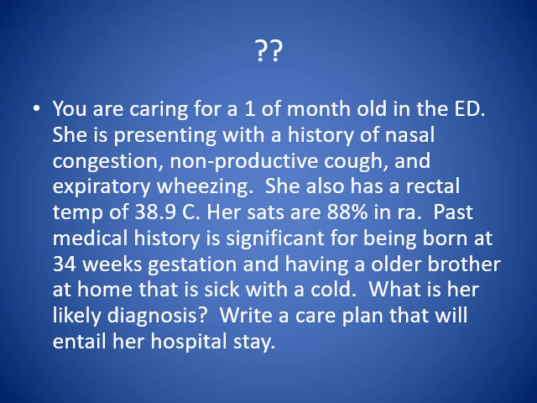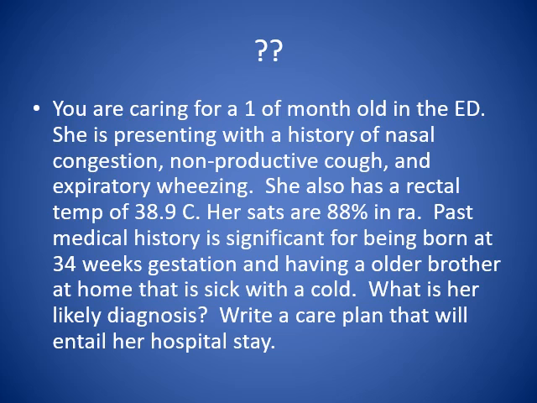So we need to get her admitted to the hospital, put her on oxygen, suction her nasal passages first, keep her on a monitor, increase fluid intake by IV, manage her fever, and let it run its course. She will not be able to go home until she's off oxygen and able to tolerate all nutrition by mouth.